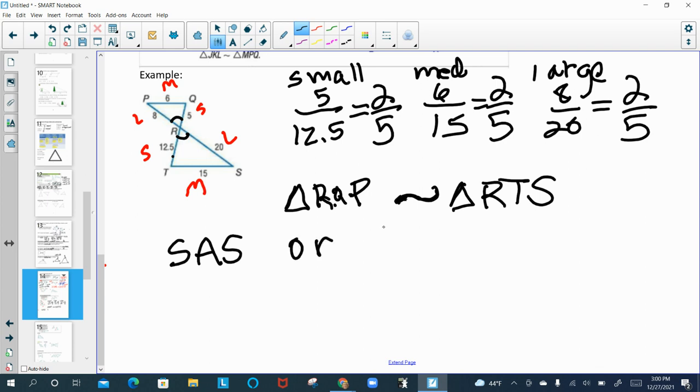So we can actually use either one of these for this particular example. Obviously, that's not going to be the case for every example. But in this case, because we had vertical angles, it was either one. We haven't even talked about side angle side yet. However, you have enough of an understanding of a side, then an angle, and then a side from our triangle congruence unit that you should be able to see that.